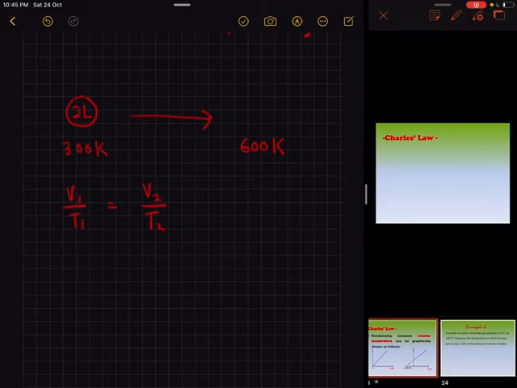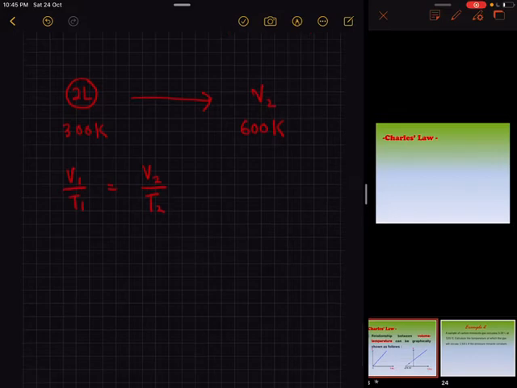What do you want to find? The second V here. So you insert the values: V1 is 2 liters, T1 is 300 Kelvin, V2 is what you want to find, T2 is 600 Kelvin. So what is the answer for V2? Yes, it is 4 liters.